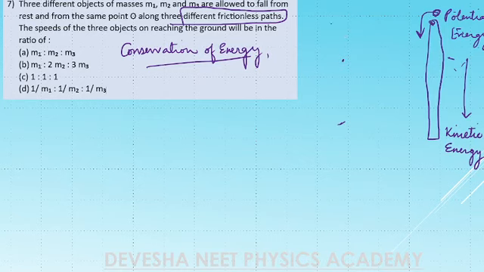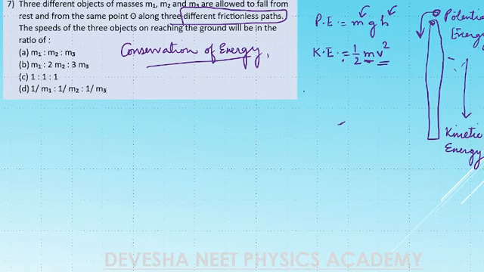Now at this high position, what is the potential energy? Potential energy, or PE, is equal to mgh, where m is the mass of the body and h is the height of the body at that particular instant. And the kinetic energy, to which it will get converted, is given by half m v squared, where v is the final velocity obtained by the body and m is the mass of the body.